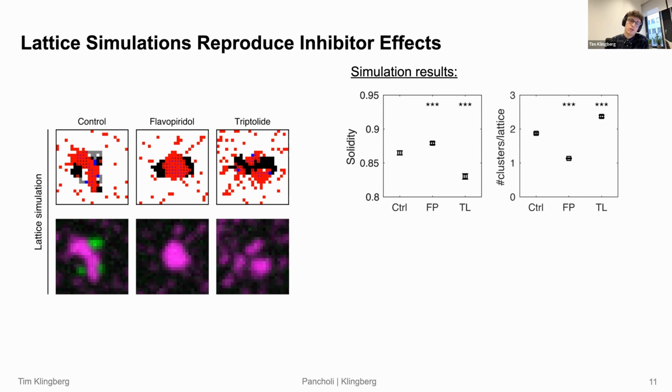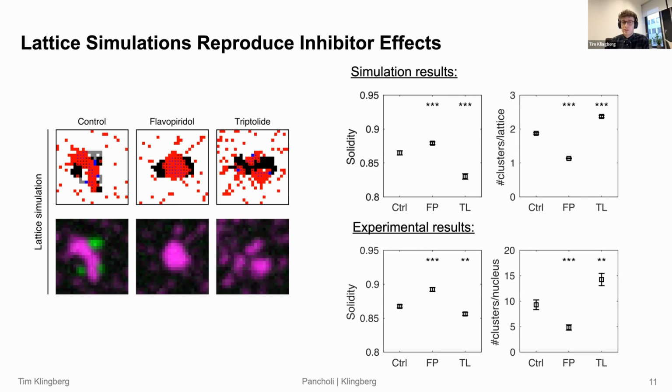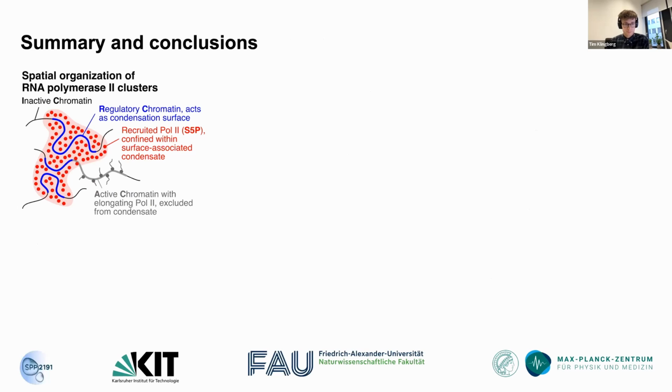And if we now have a closer look on the emerging number of clusters per lattice, we also see that for flavopiridol, we mostly have only one cluster within the lattice simulation, whereas for triptolide, we have 2 or even more clusters occurring. And now if you compare these simulation results to the experimental results, we can say that also in here we have the same qualitative trend. So by this, we also can see that we at least can capture these experimental results.